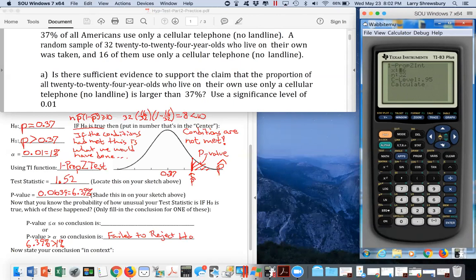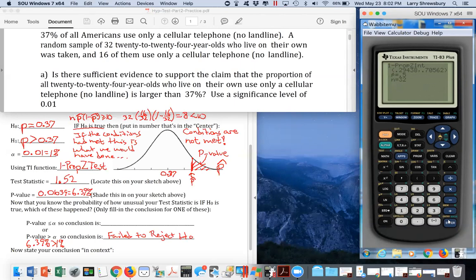All we have to do is punch in the confidence level, and I'll just give that to you. It's 98%. So put in 0.98. Highlight calculate, hit enter.